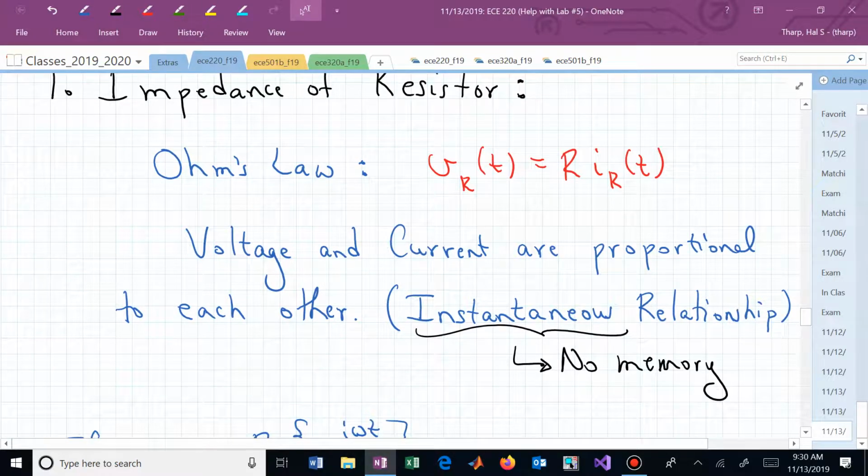V and I are instantaneous. You give me an I, I instantly give you a V. I just need to know the proportionality constant, which is the resistor R. There's no memory, there's no derivatives or integrals in that current voltage relationship of the resistor given by Ohm's law. V is equal to Ri.